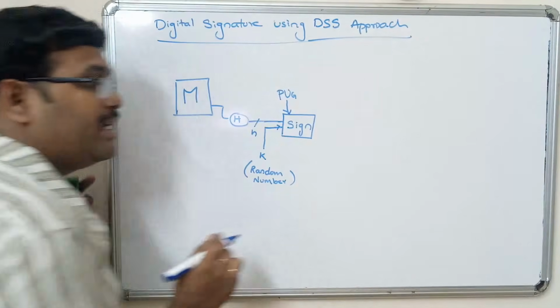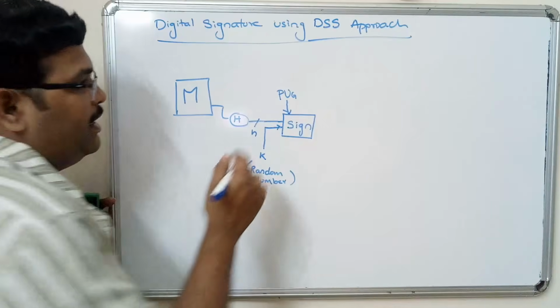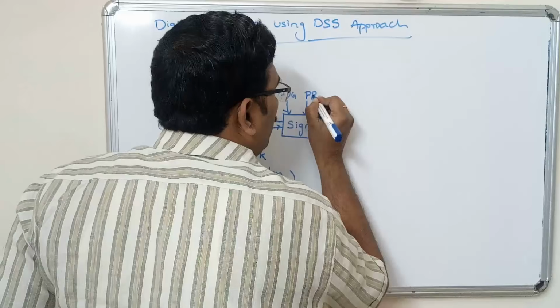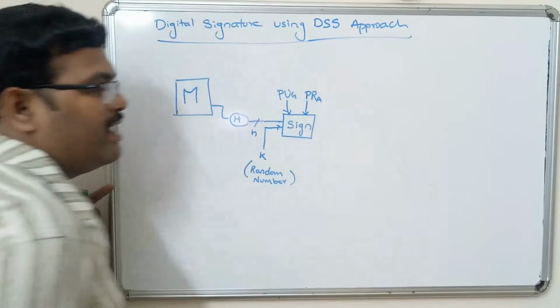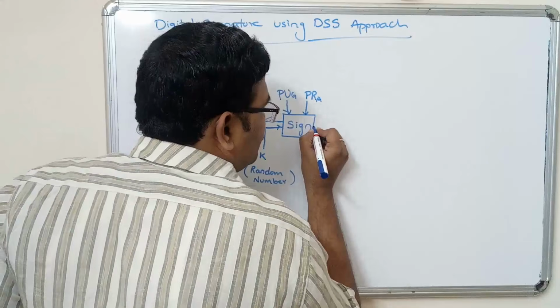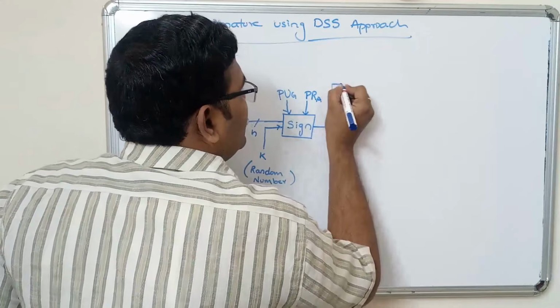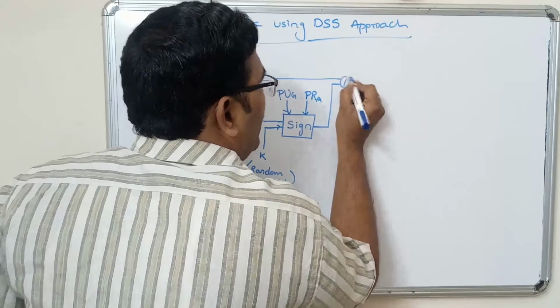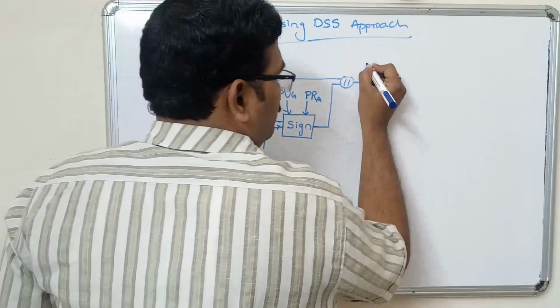For this signature we will use PUG, that is the global public key. Along with this we will use the private key of the sender, that is PRA, so that we will get the signature, and both the signature and the plain text will be appended.